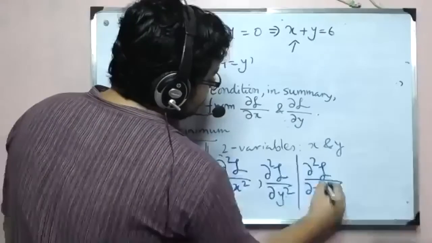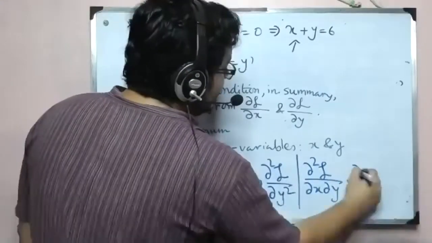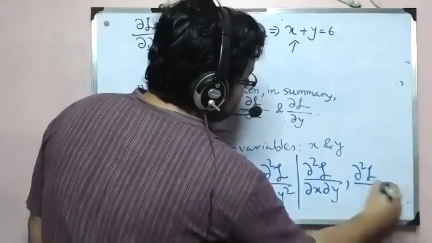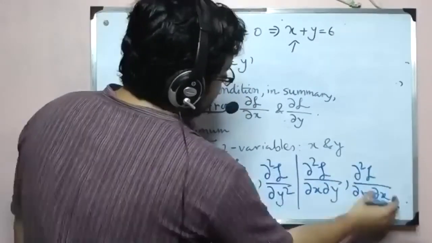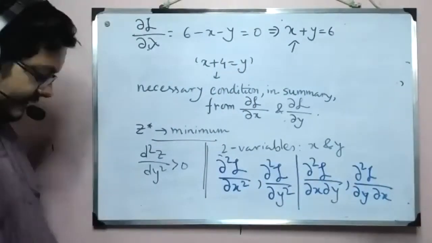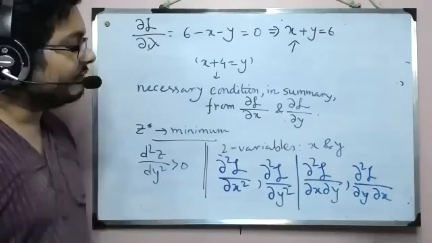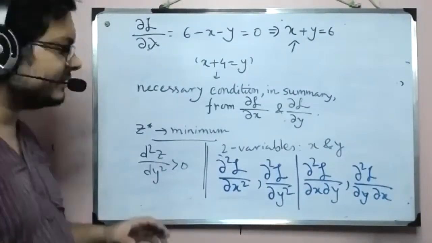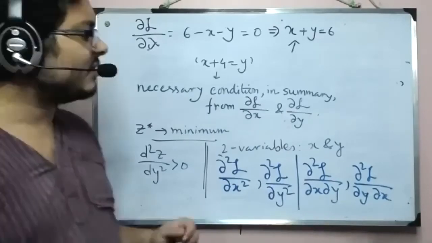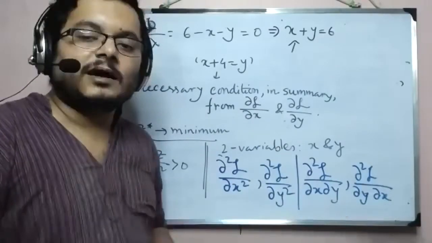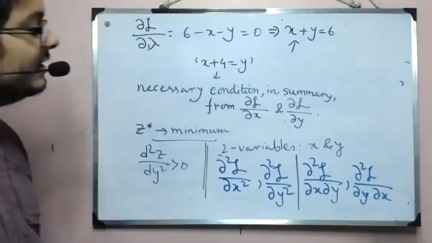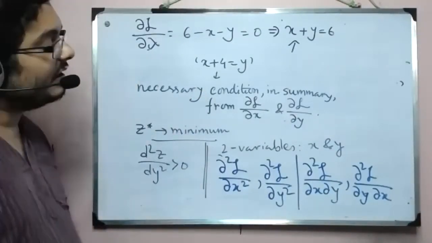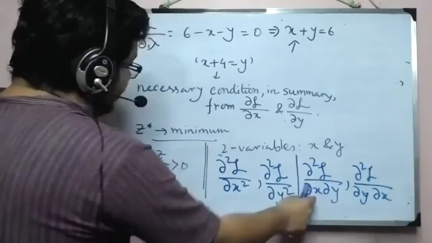So you'll have this and this. And we also know that if certain conditions of continuity are satisfied in these two cross partials, then by Young's theorem, these two are equal.